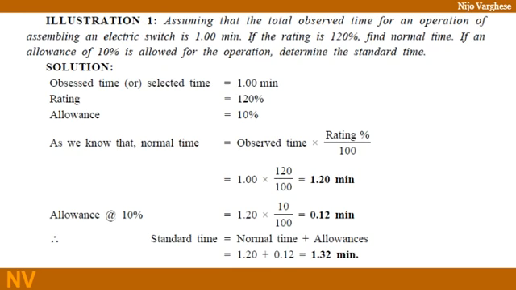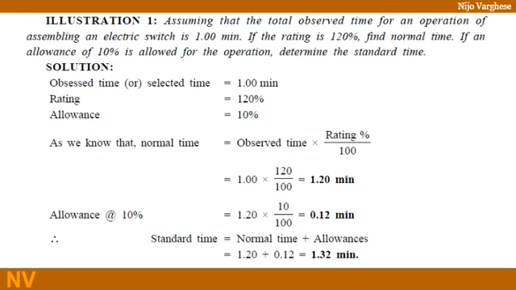Now let's look at an illustration or a problem. Assume that the total observed time for an operation of assembling an electric switch is 1 minute. If the performance rating is 120%, meaning the rating is more than 100%, find the normal time.